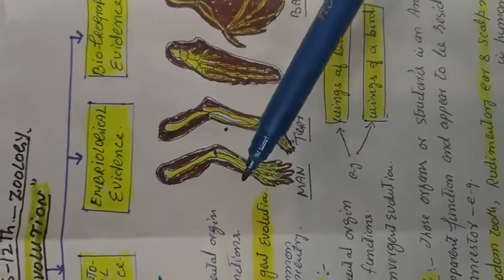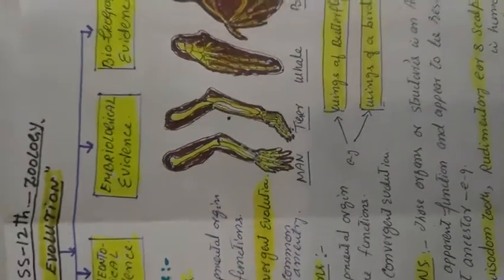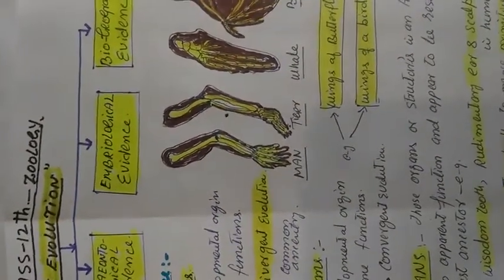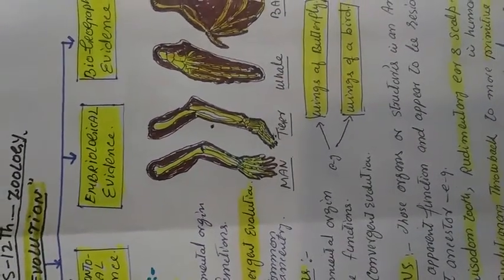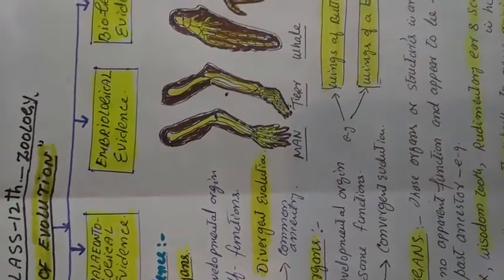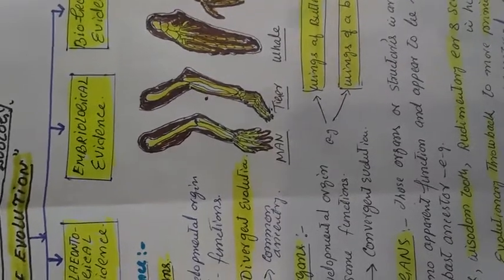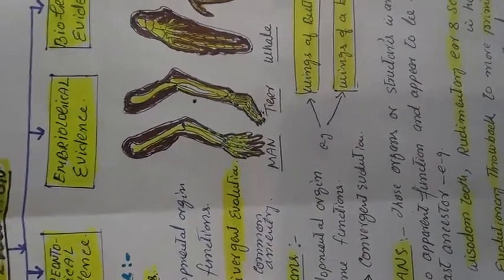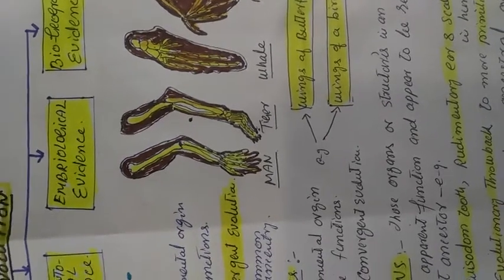food, etc. Though these forelimbs perform different functions in these animals, they have similar anatomical structure, and you can see all of them have bones like humerus, radius, ulna, carpals, metacarpals, and phalanges in their forelimbs.